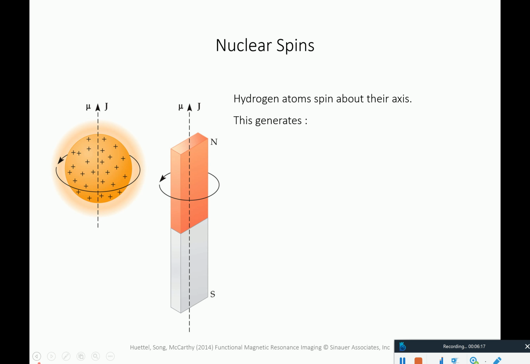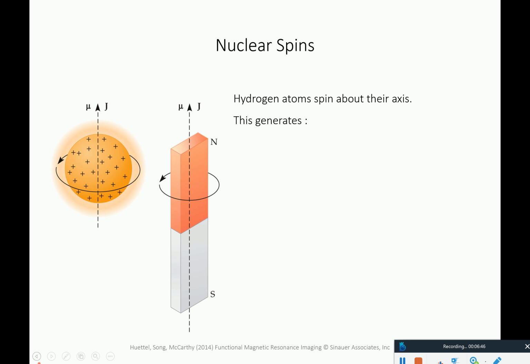So the general story, and this is the Hüttel story, starts with the idea that in biological systems there are hydrogen atoms. A big part of biological systems is actually water, and in water you have 2 hydrogen atoms and 1 oxygen atom.